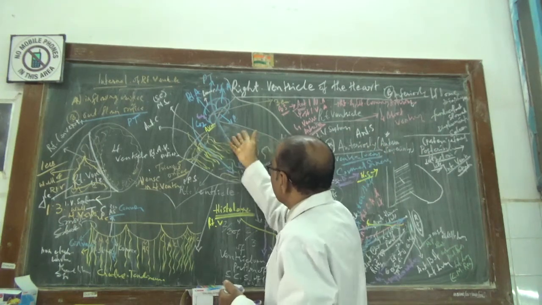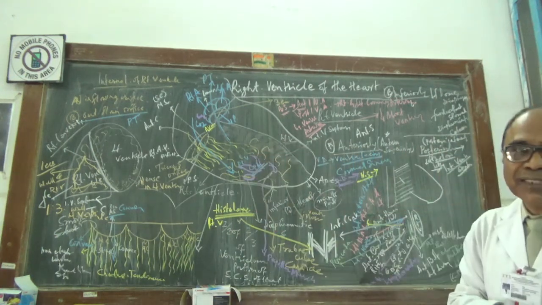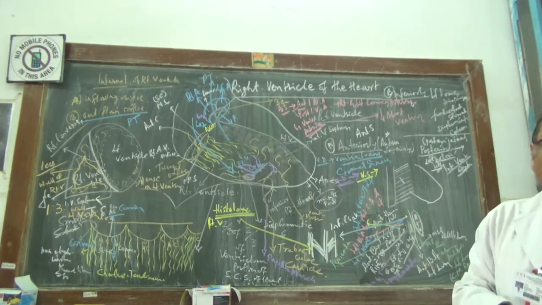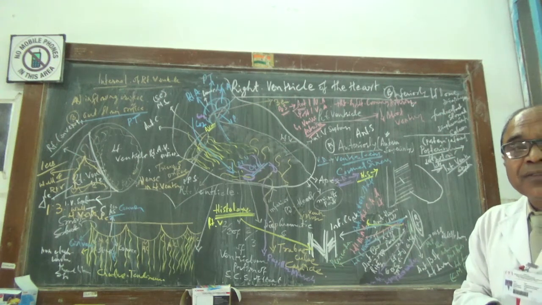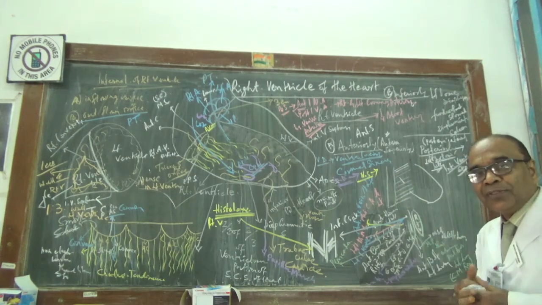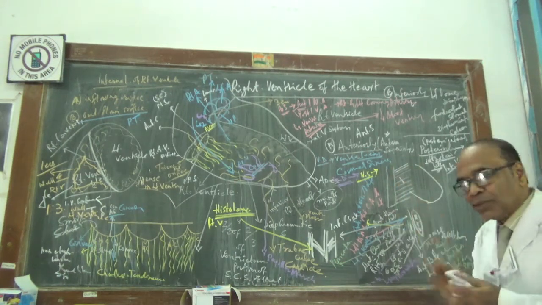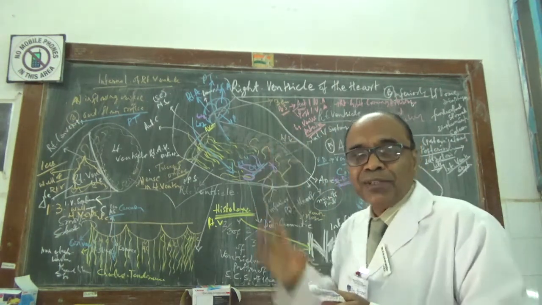So if any defect is there, that comes under interventricular septal defect, which is one part of the Fallot's tetralogy. It is a developmental defect. So with this, the right ventricle is finished.